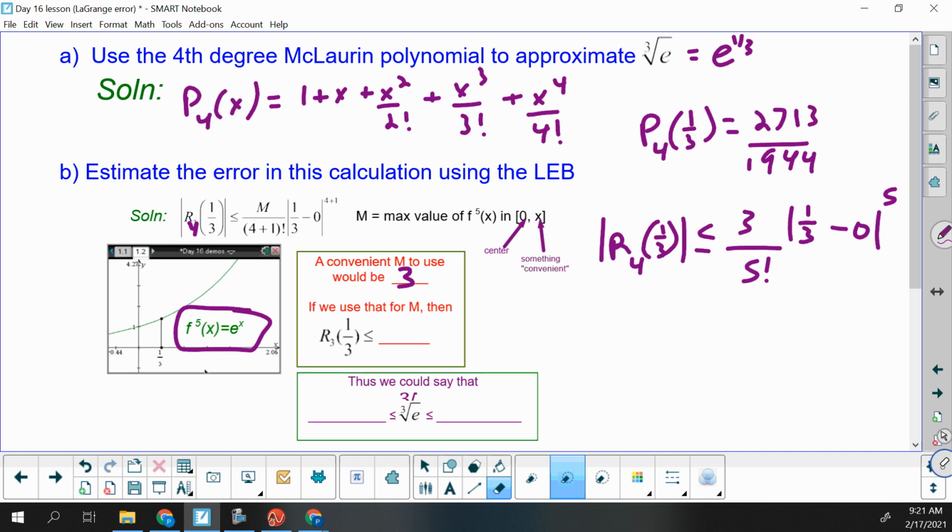If we fill 3 in here, and sub that in our calculator, we would get 1 over 9,720. So we know the cube root of e is between 2,713 over 1,944 minus 1 over 9,720 and 2,713 over 1,944 plus 1 over 9,720.